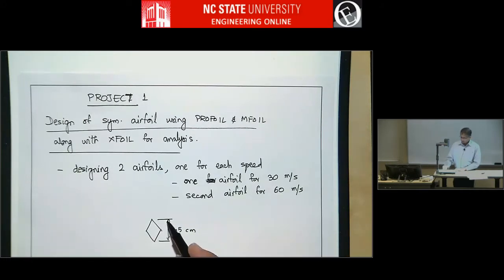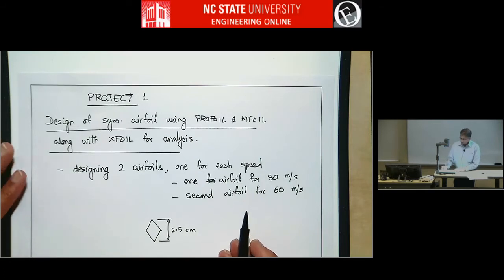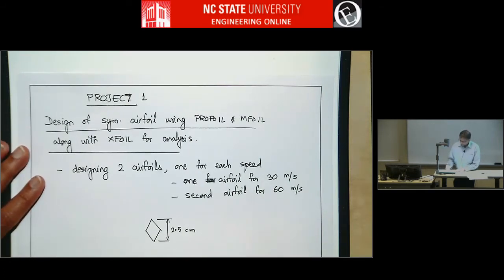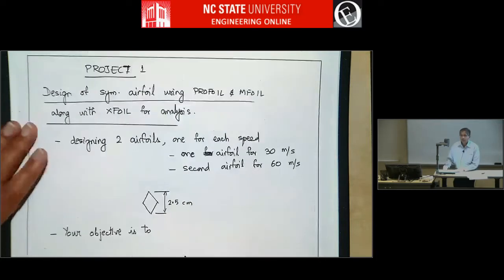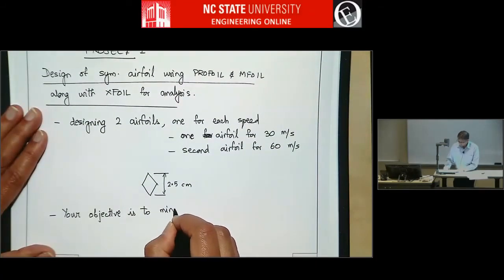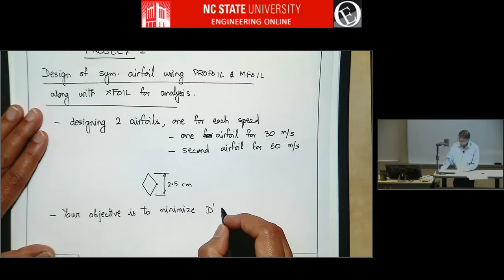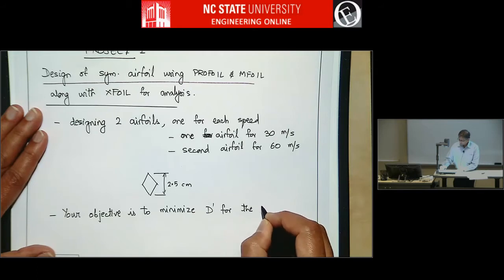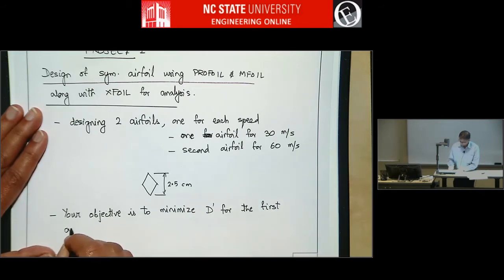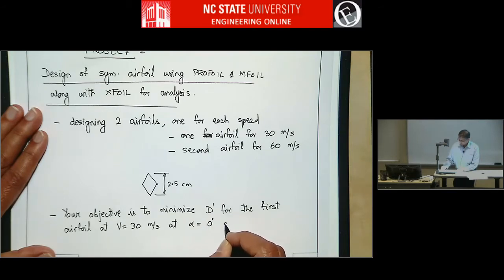You're given these 2 speeds, you're given this, and your objective is to minimize drag per unit span for the first airfoil at V equals 30 meters per second at alpha equals 0 degrees and 2 degrees.